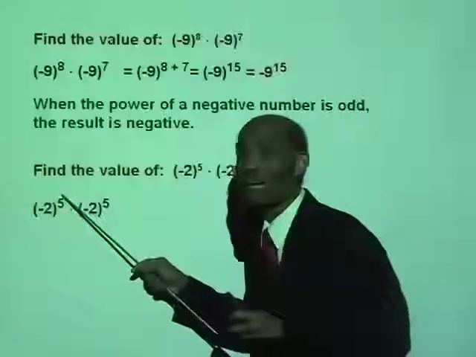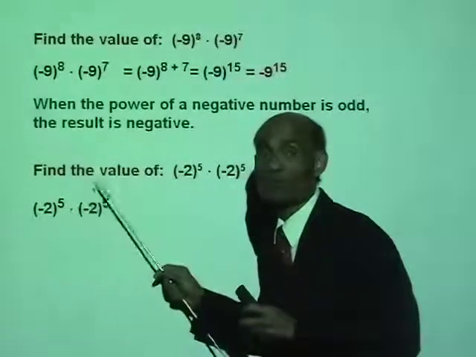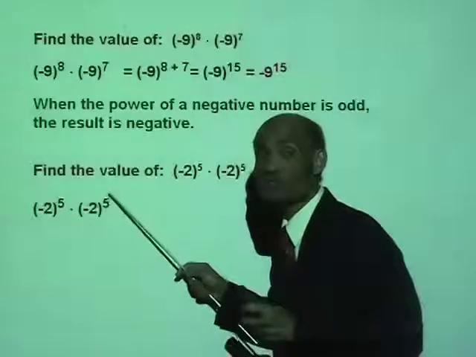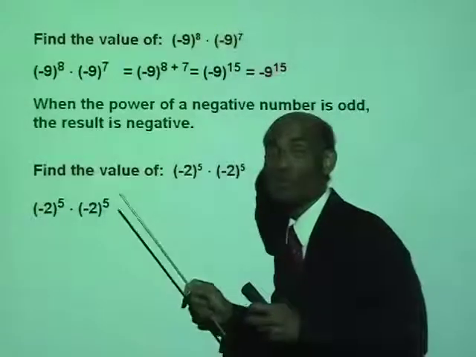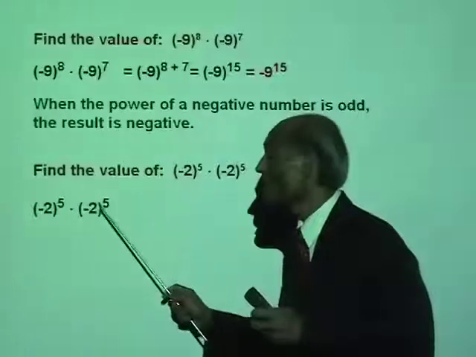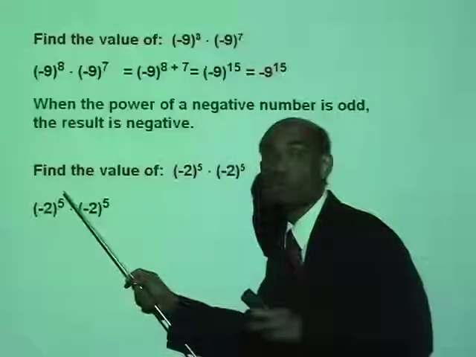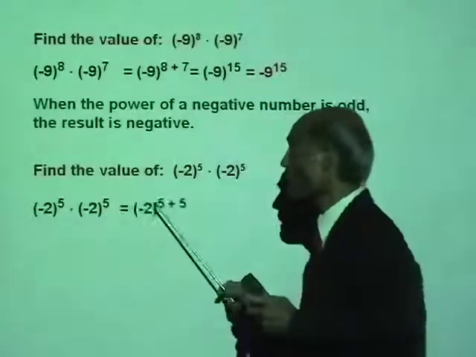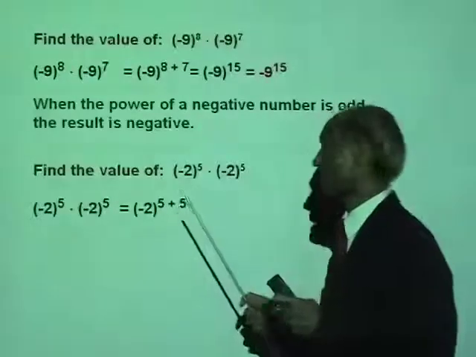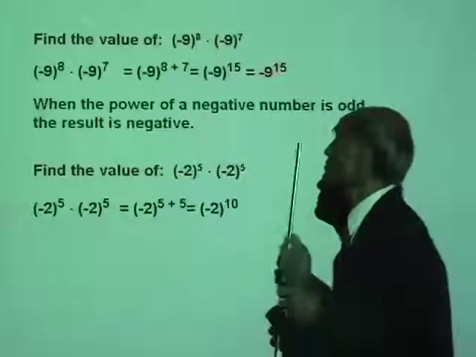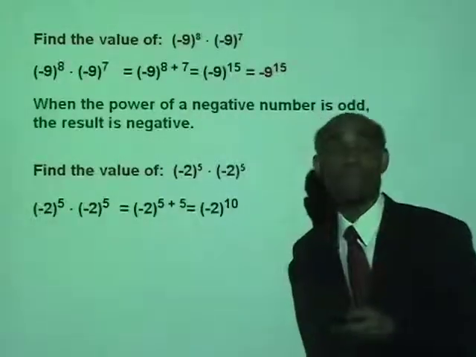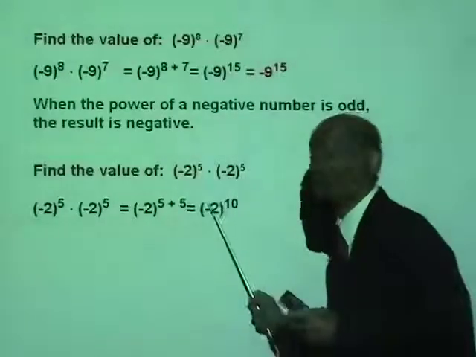Negative 2 raised to the power of 5 multiplied by negative 2 raised to the power of 5 will be negative 2 raised to the power of 5 plus 5, and that is negative 2 raised to the power of 10. Now you have the result.